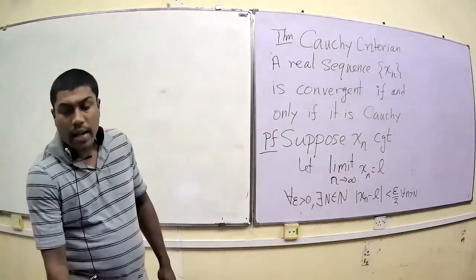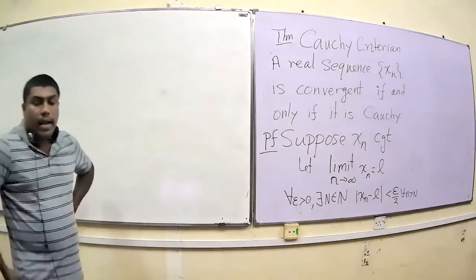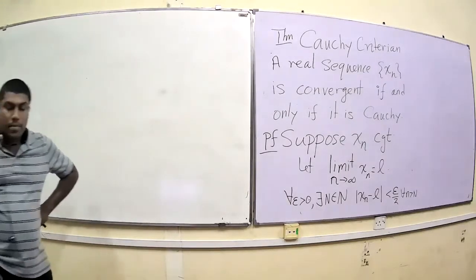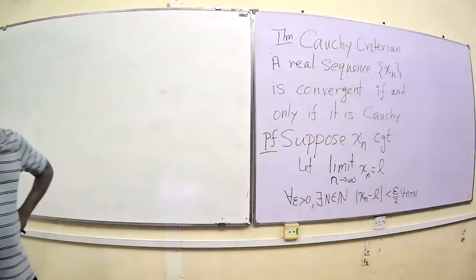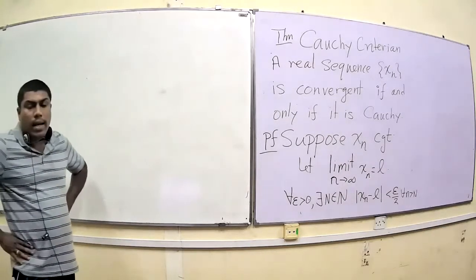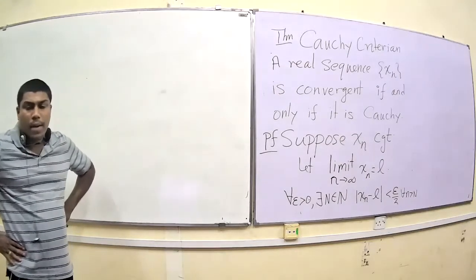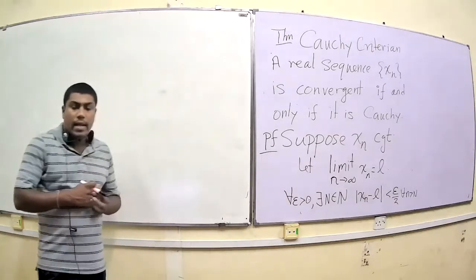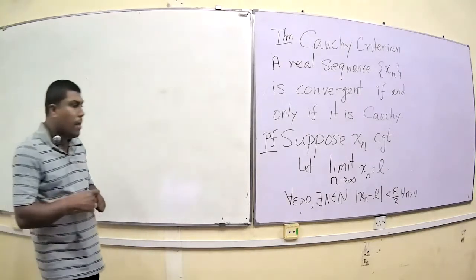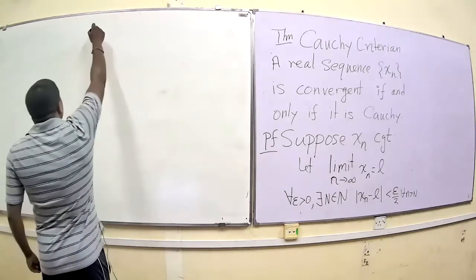But if you want to show it is a Cauchy sequence, then you want to get |xₘ - xₙ|, so for all m and n greater than N. So let's take m and n.